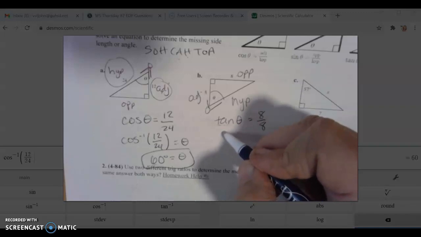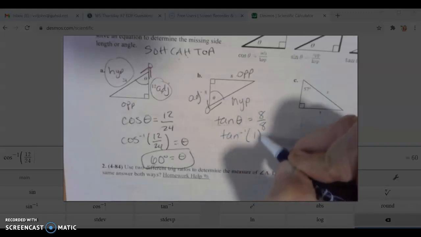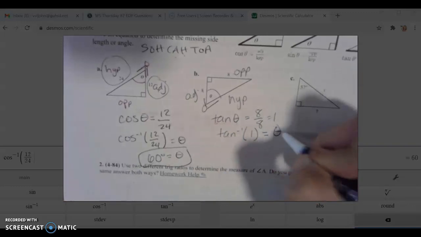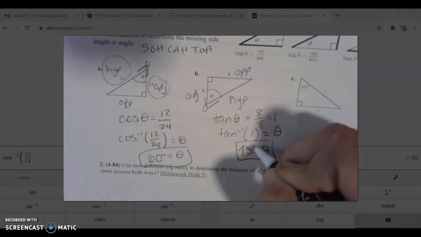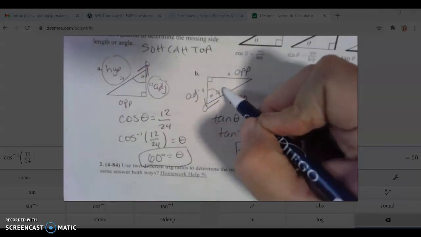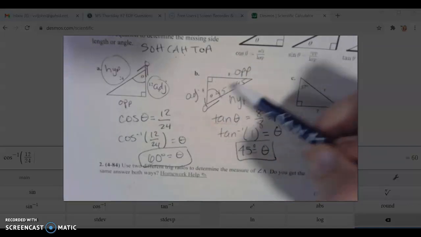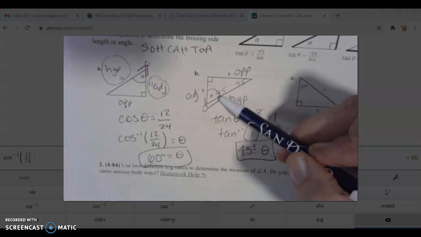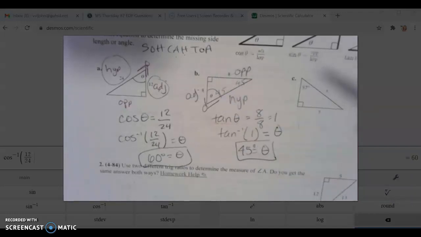Inverse tangent of 8 over 8, or 1, equals theta. Type that into the calculator. You should remember that it's 45 degrees, because whenever the two legs are equal, the two angles are equal. The only measure these two angles can be, when one is 90 and these two have to be the same, is 45 and 45. 45 plus 45 is 90, plus 90 is 180.